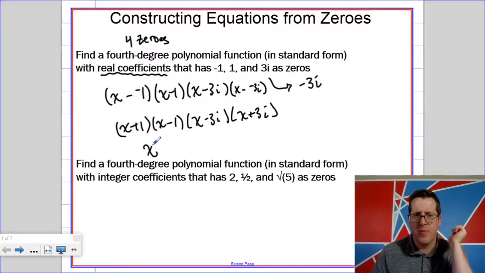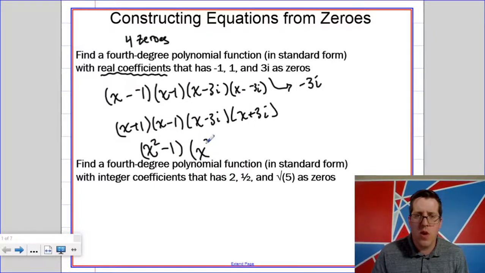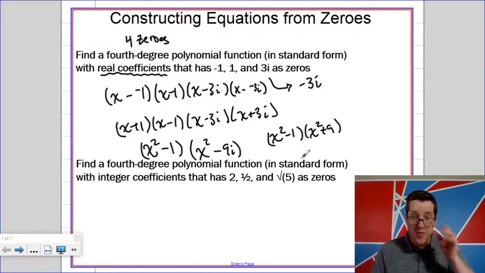Because of the whole difference of squares pattern, this is going to be x squared minus 1. And the same thing is going to work here. We're going to get x squared minus 9i squared, which is x squared plus 9. Then we're going to multiply those together, and this is going to feel like doing quadratic type. And we're going to get x to the 4th.